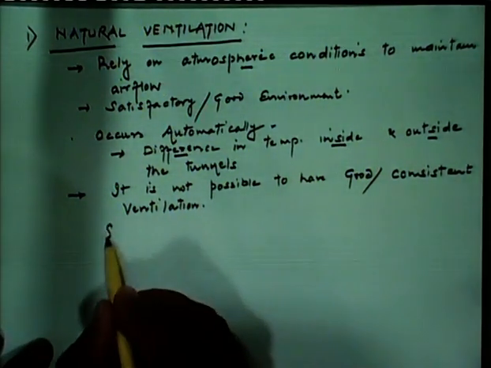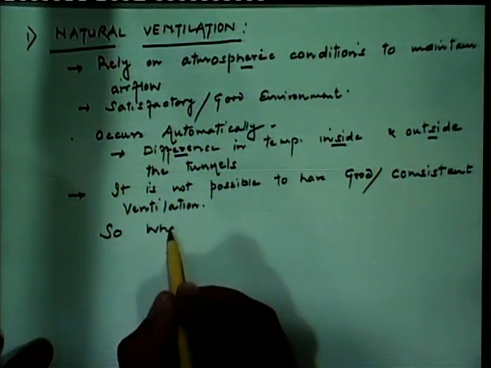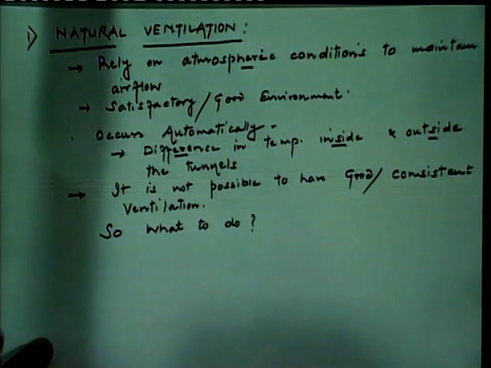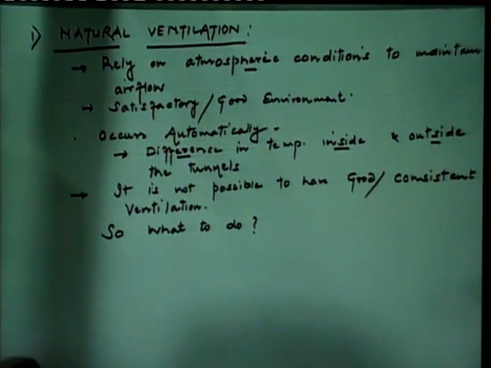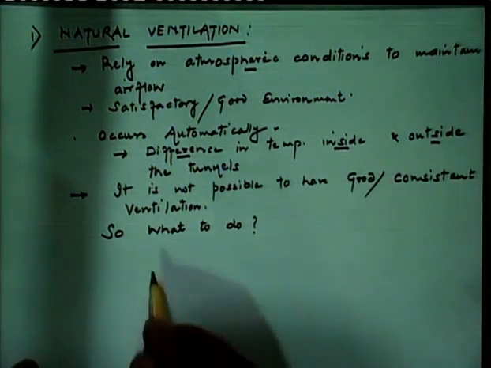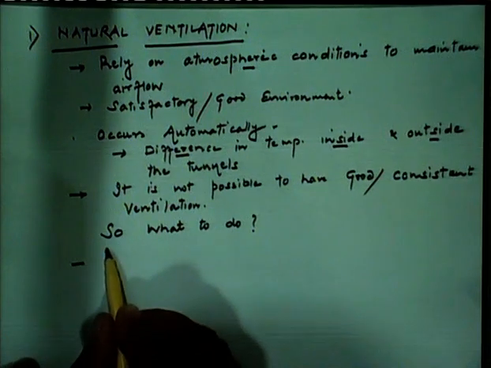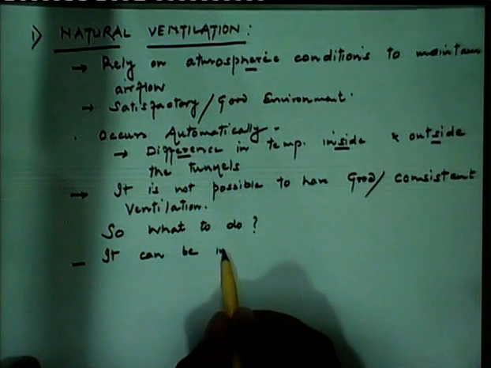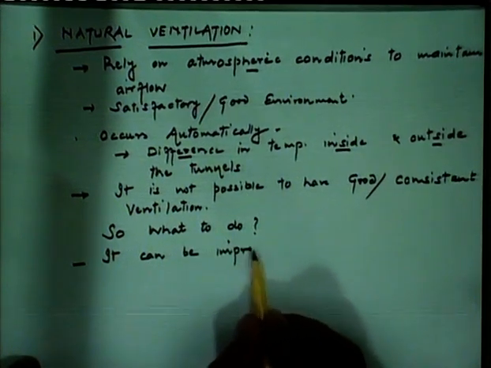So, what to do? Then the question arises, if it is not possible to have a good or consistent ventilation, so what is the purpose? It can be improved. This natural ventilation should be supported by some systems.